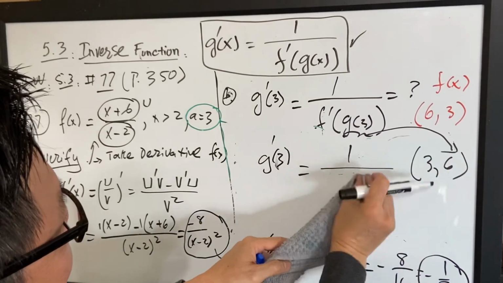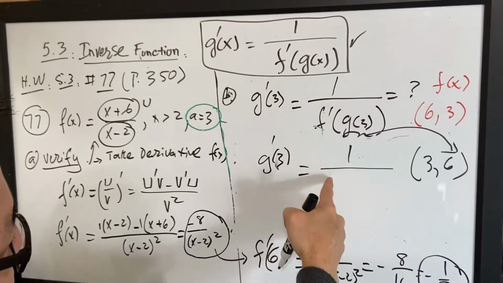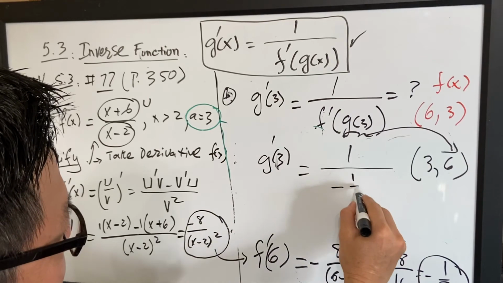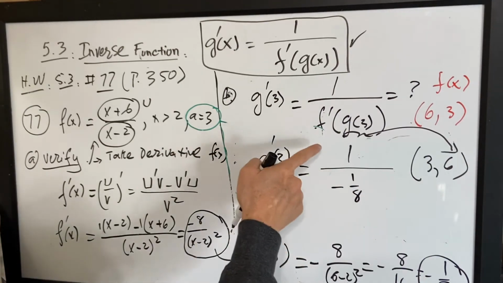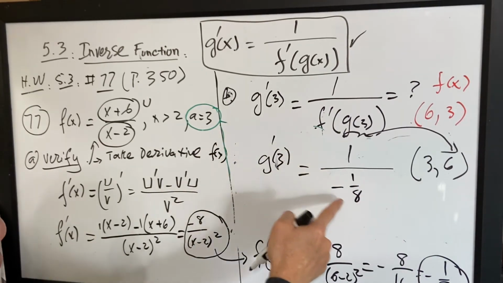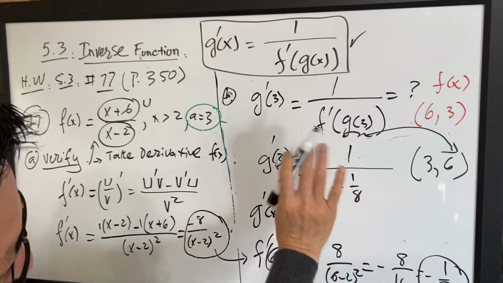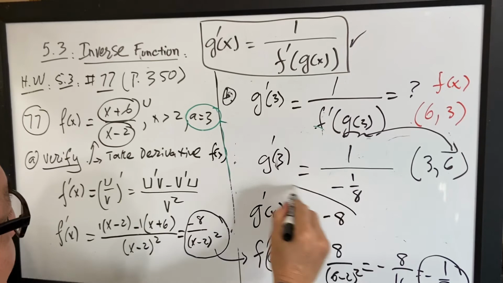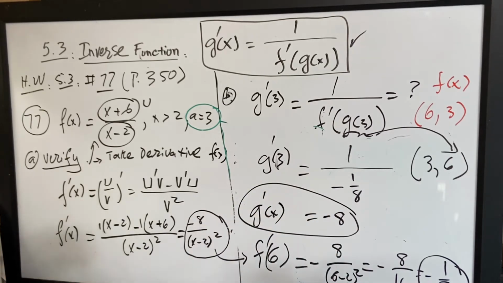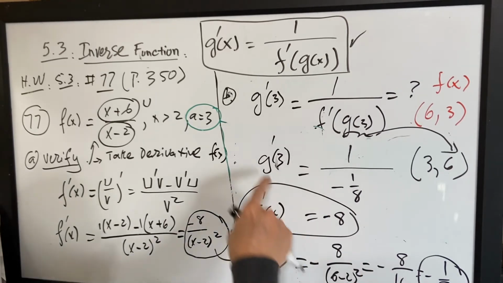I got the board right here. There we go. That is negative 1/8. 1 over negative 1 over 8, which is what? That's right. Flip that, you will get negative 8. Ta-da!